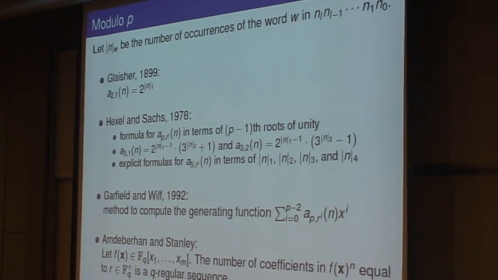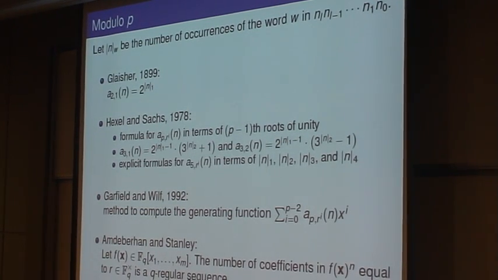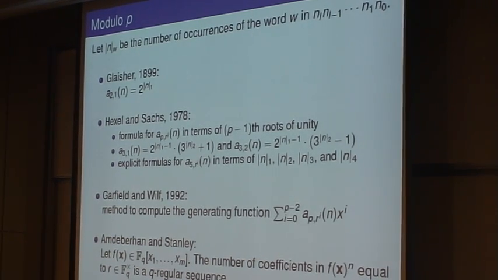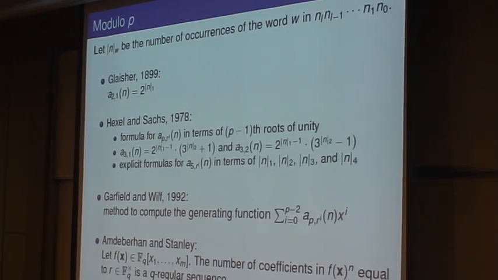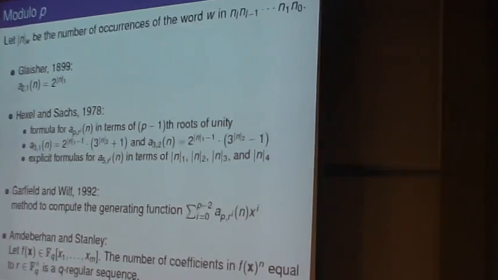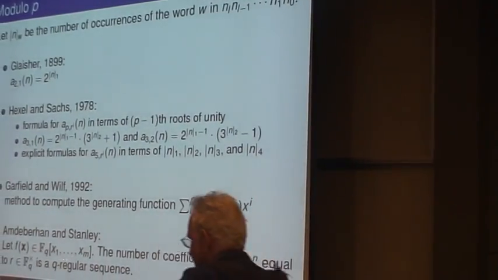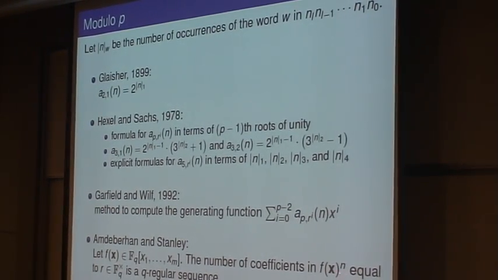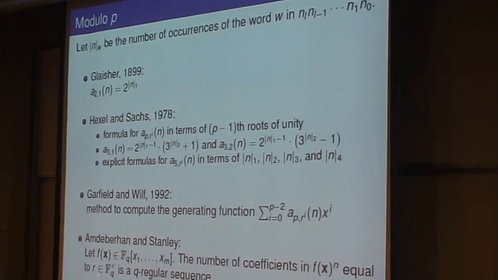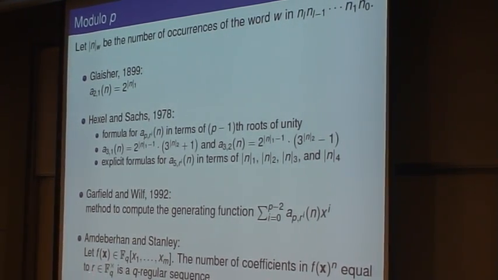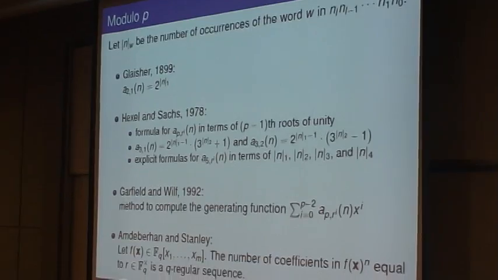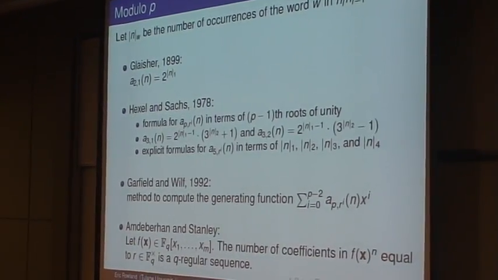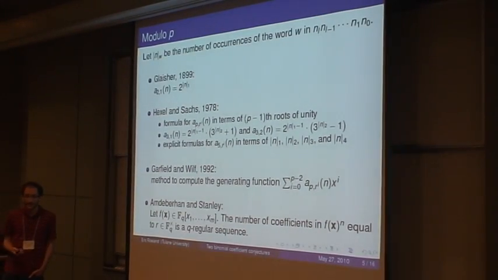Then recently, and I don't think this is even published yet, Zeilberger and Stanley generalized the arena of what people were looking at. They showed that if we have a multivariate polynomial with coefficients in some finite field, raise this polynomial to the n power, and count the number of coefficients that are congruent to a certain invertible element in the finite field, then this sequence is a q-regular sequence, meaning that it satisfies some linear recurrences of a certain type.